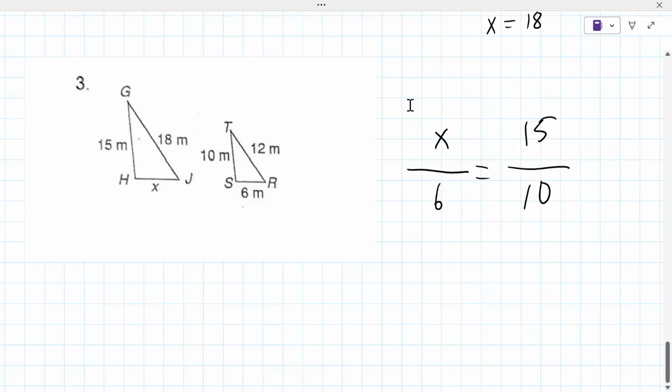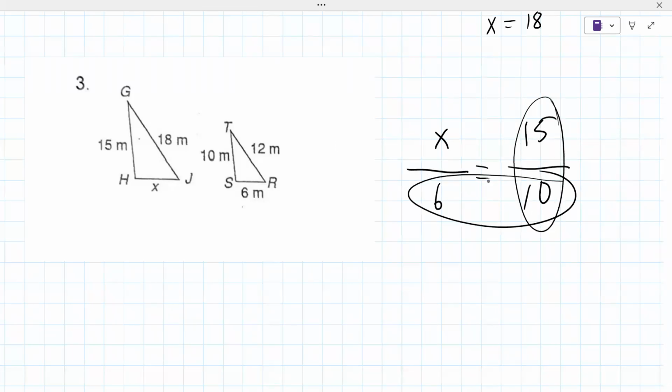So you can pre-reduce over here, and then you can pre-reduce over here. So what would that be? 2/3, and then that would become x over 2 equals 3 over 1.